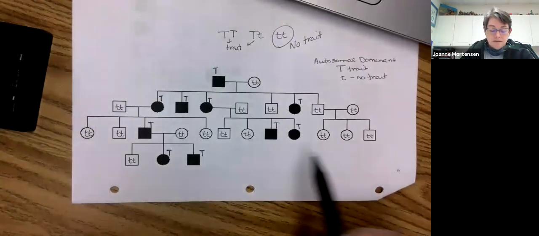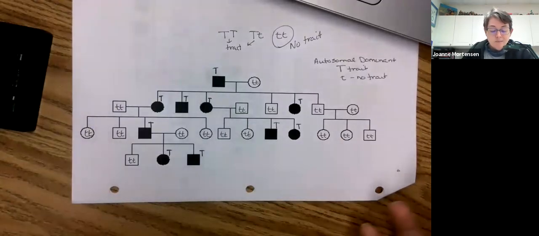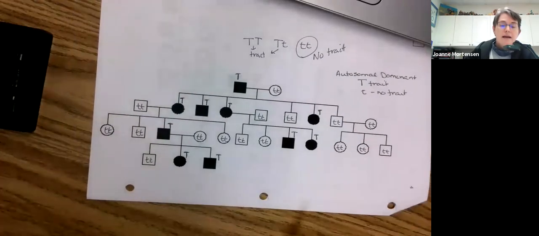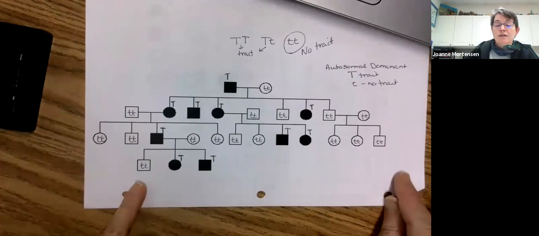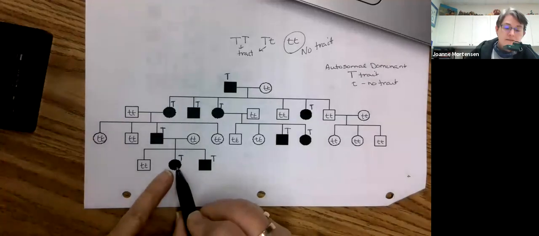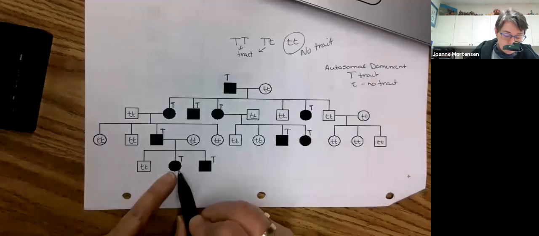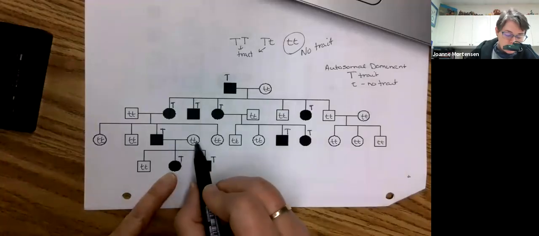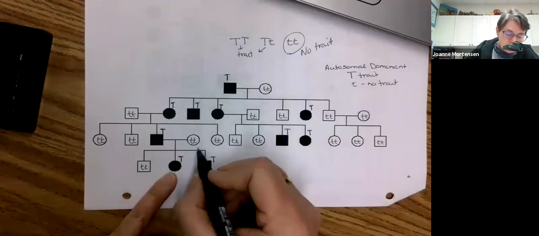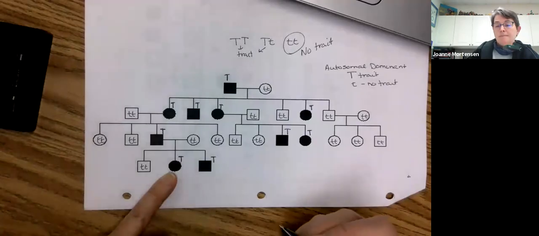Now we got to figure out the ones that are colored in. We need to do a little more work and figure out what's happening. And I find it easier if I start at the bottom and work up. So let's look at this lady right here. If we go up and look at her parents, she clearly got the capital T trait from dad, but what did she get from mom?